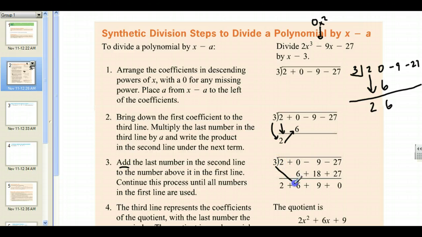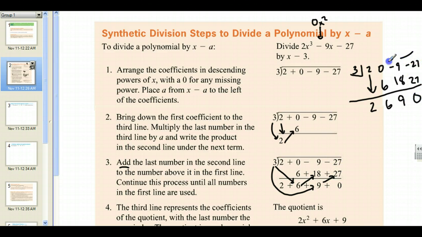So 3 times 6 gives me 18. Then they add again and get this 9. -9 plus 18 is +9. And then once again multiply. 3 times 9 is 27. And then when you add those two you get a 0.